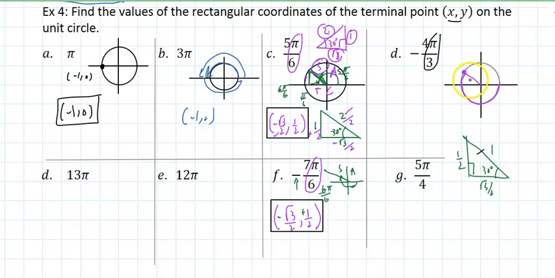Well, keep in mind, that's a reference angle of pi over 3. Well, pi over 3 is 60 degrees. There's 60 degrees. I know cosine is the x and sine is the y.